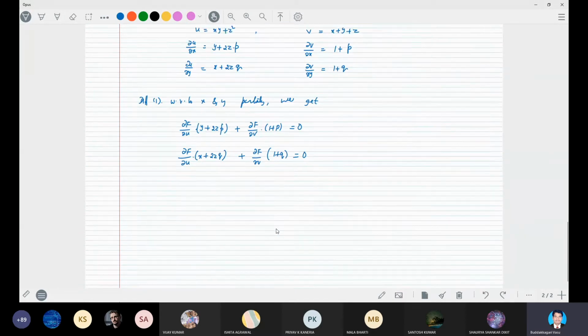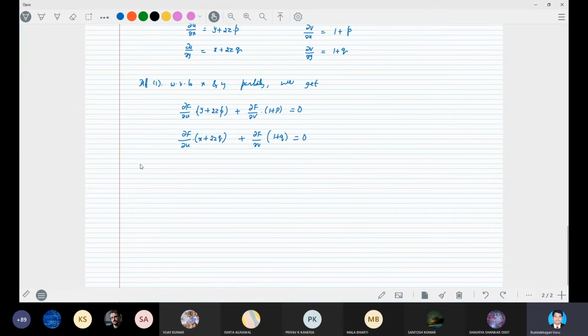Now from these two equations, eliminating dou f by dou u and dou f by dou v from the above equations. So these two equations we can call 1, 2.